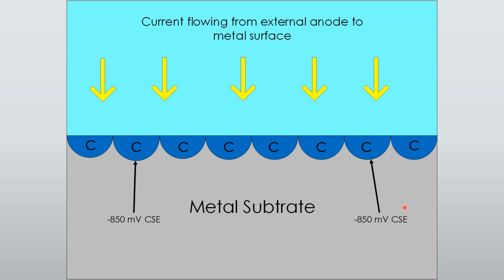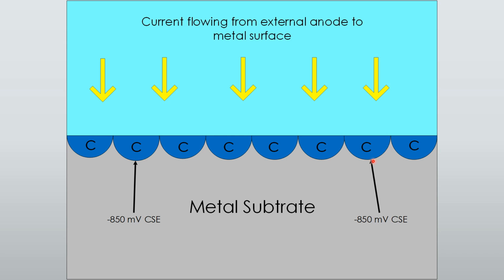Once we hit this negative 850, if the most active anodic spot on a steel was negative 850, we've now essentially filled in the holes of that river valley system of all the highs and lows. Now we have one flat plane where all of our potential differences are equal.